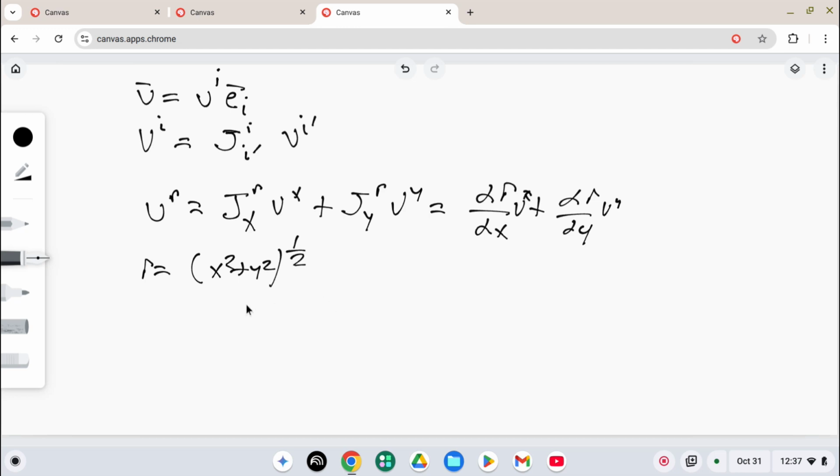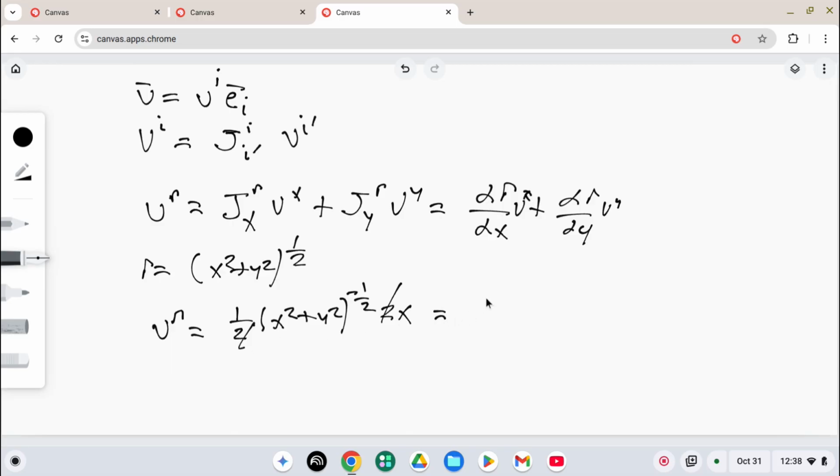All right, so V^r is going to be the partial of r with respect to x. What's that going to be? That's going to be 1/2 times what you got, minus 2/2 would make this minus 1/2. And then the derivative of what's inside is 2x, so that cancels that.